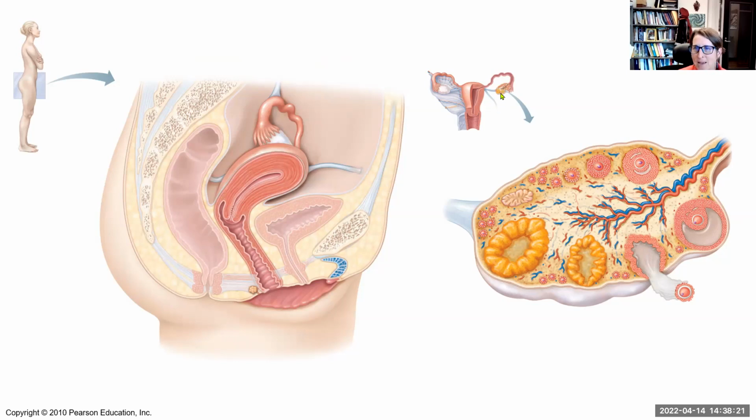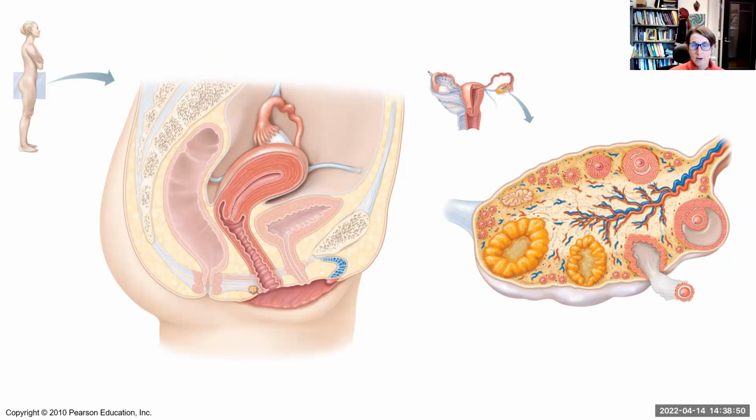If that ovum is fertilized, it's going to travel through the uterine tube regardless, but fertilization happens in the uterine tube. It takes about a week for it to travel into the uterus. If it's fertilized and the uterus has developed an endometrium that can support a pregnancy, then it can embed and pregnancy can ensue.